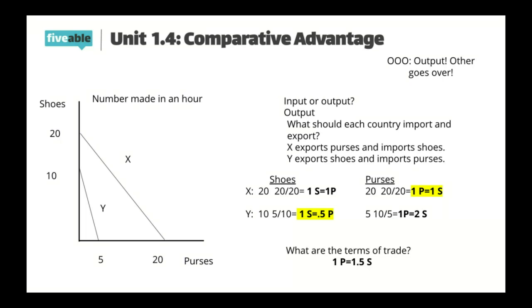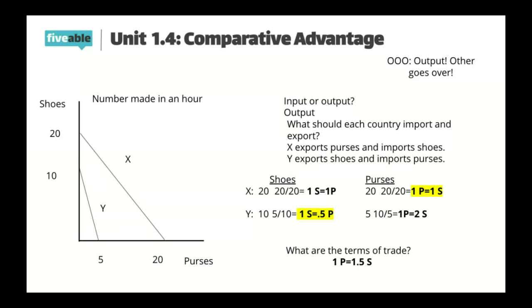Great. So should country X just produce everything on its own? Well, let's check out the per unit opportunity cost. I do the other goes over. So for country X, 1S equals 1P, 1P equals 1S. For country Y, though, the other goes over.